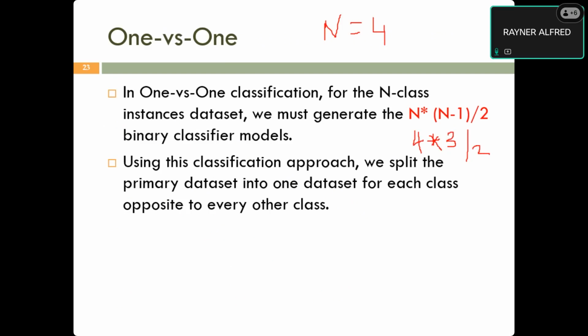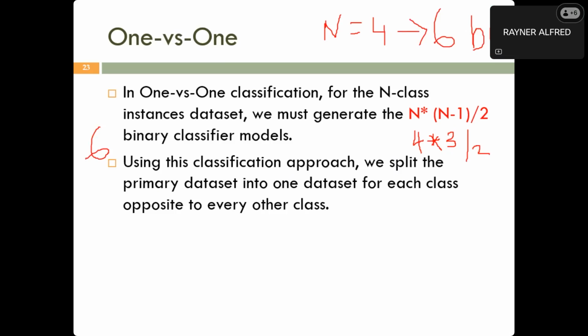So what is the number? 6. So if you have 4 classes, you should have 6 binary classifiers.